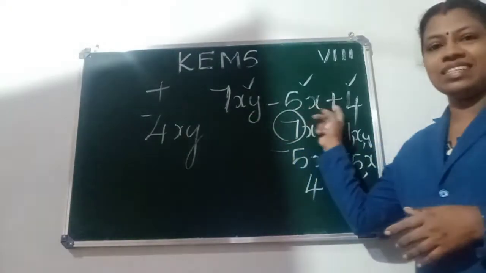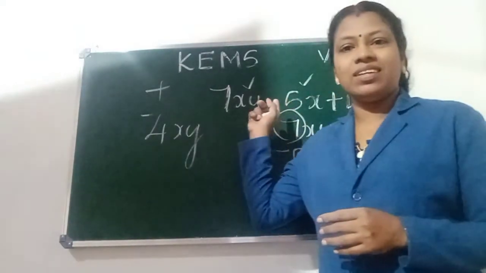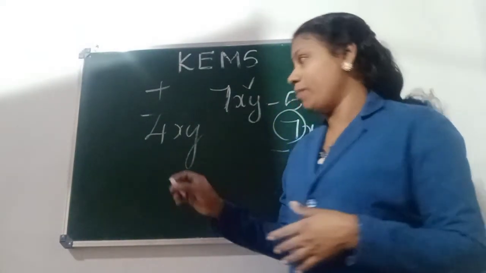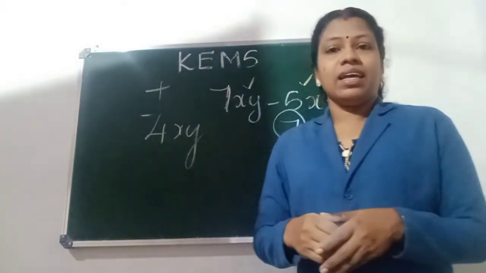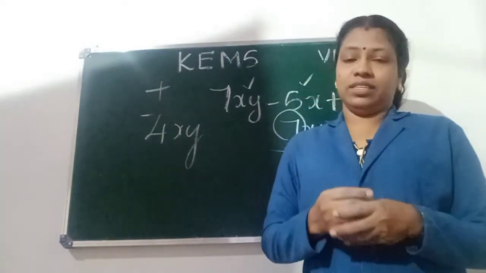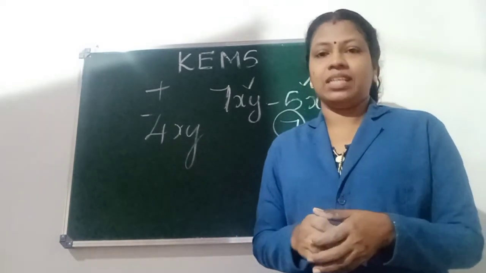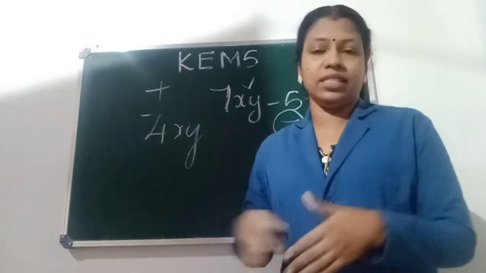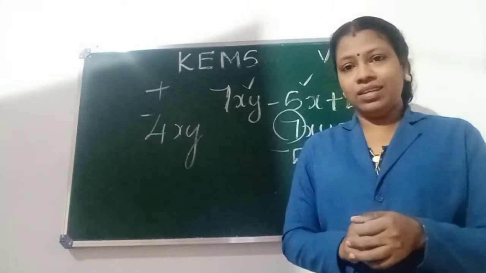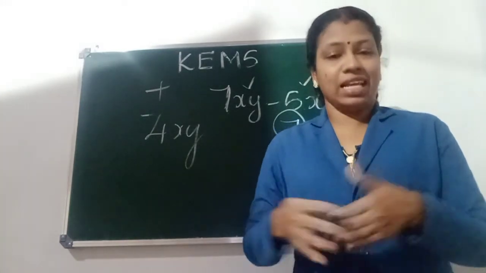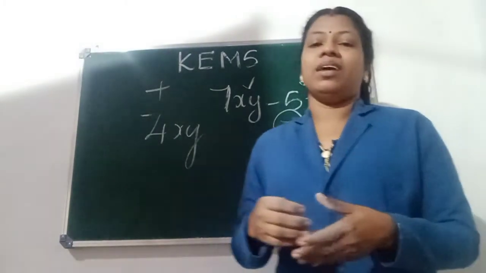This expression contains three terms. 1, 2, 3. So, this is called a trinomial. An expression that contains three terms is called a trinomial. Then what is a binomial? Yes, an expression that contains two terms is called a binomial.